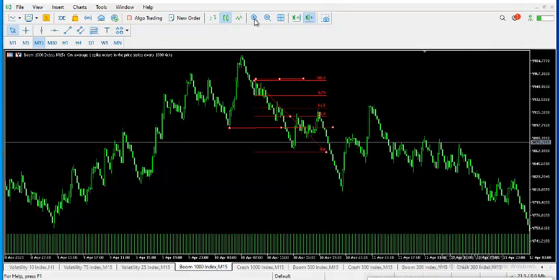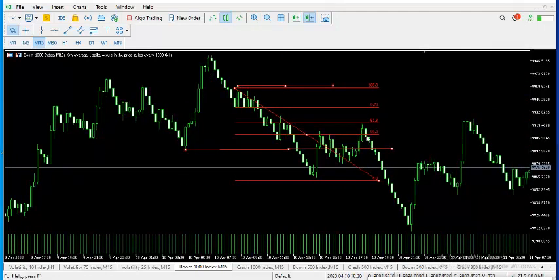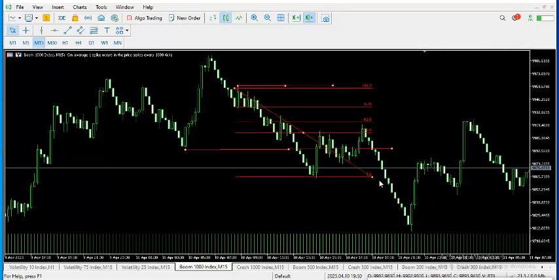You can see price came back into our area of interest, which is the 50 level over here. Price came back in there, and what happened? Over here will be our take profits. So selling Boom from here and taking our profit here, you can see that it's so massive.